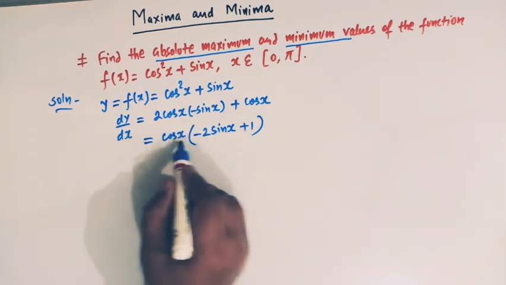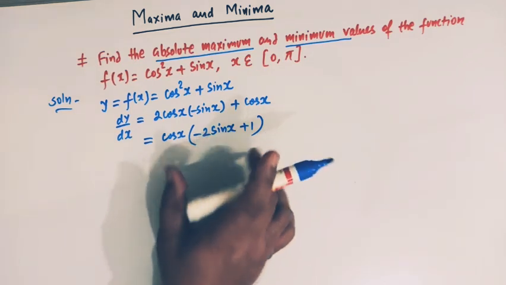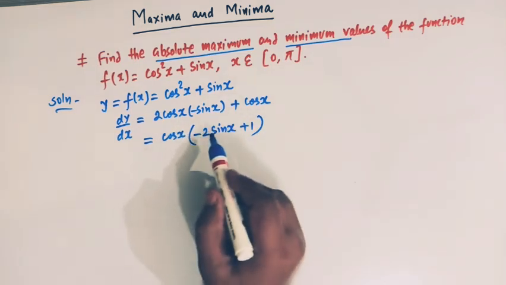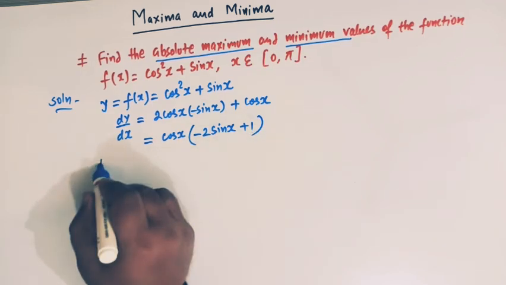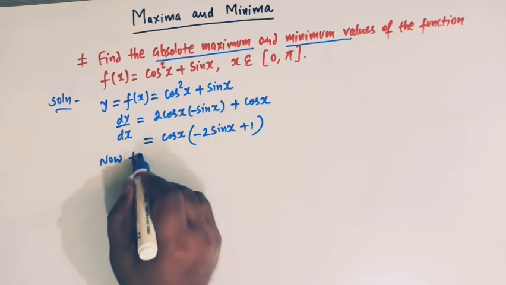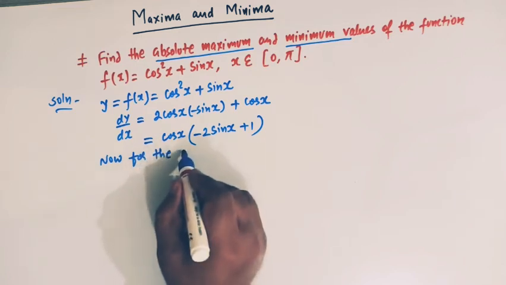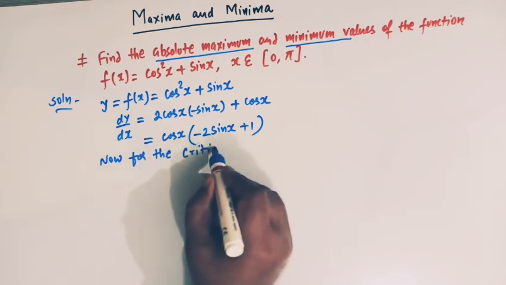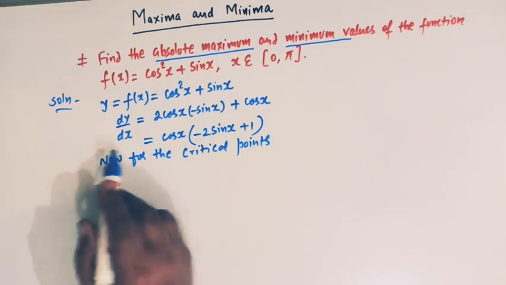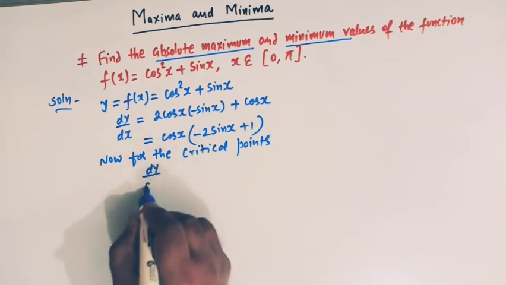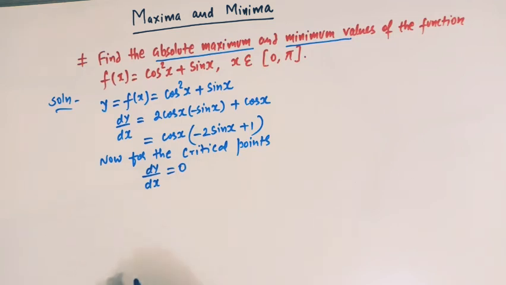So the derivative is given by cos of x times minus 2 sin x plus 1. Now for the critical points, the derivative should be equal to 0. So dy over dx should be equal to 0.